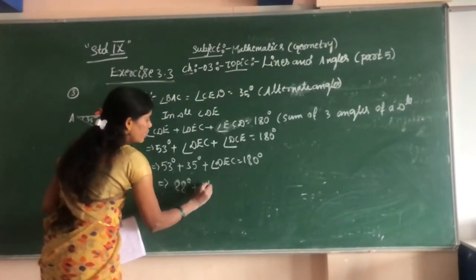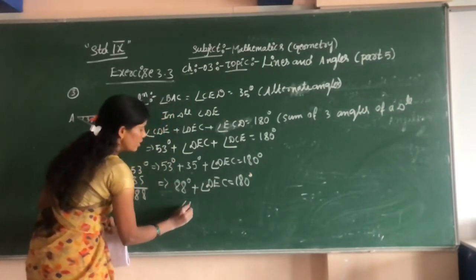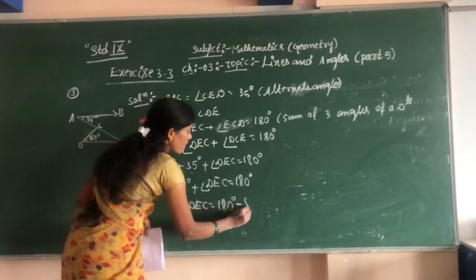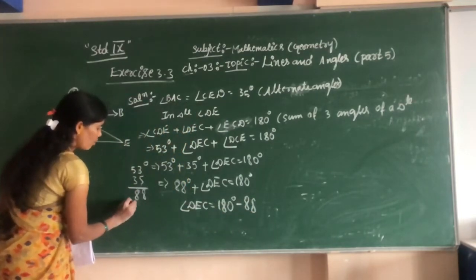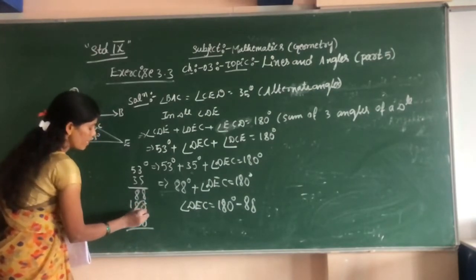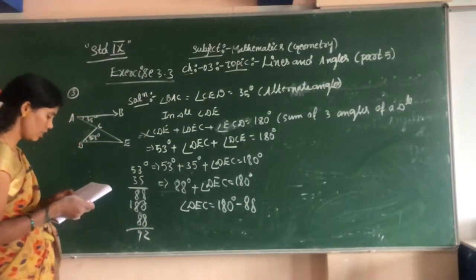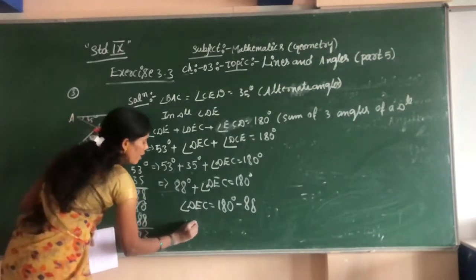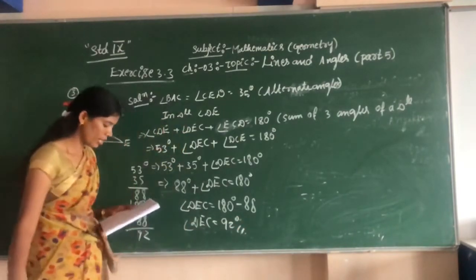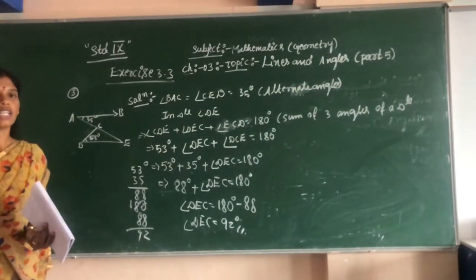Plus angle DEC is equal to 180 degrees. Angle DEC is equal to 180 degrees minus 88 degrees. 10 minus 8 is 2, 17 minus 8 is 9. So 92 degrees. Angle DEC is equal to 92 degrees. Okay, children, hence the angle DCE is equal to 92 degrees.